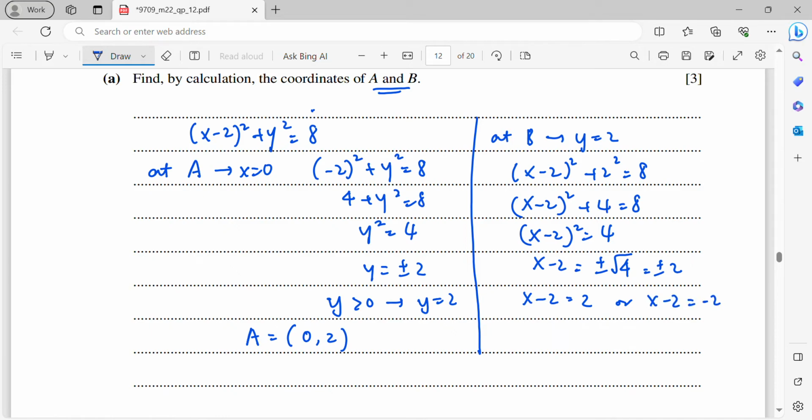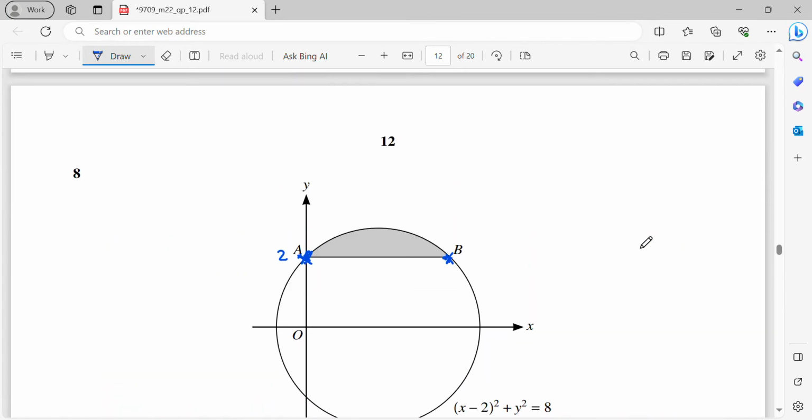Alright, two possible answers. When x minus 2 equals 2, your x is 4. But for the other one, x will be 0. This is not possible, so it is omitted, because when you refer to B, B has x greater than 0.